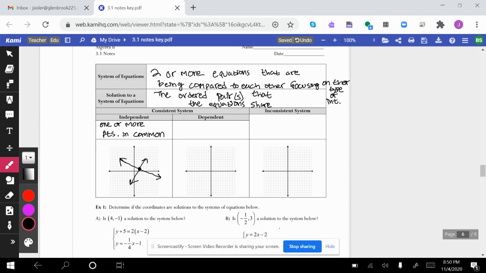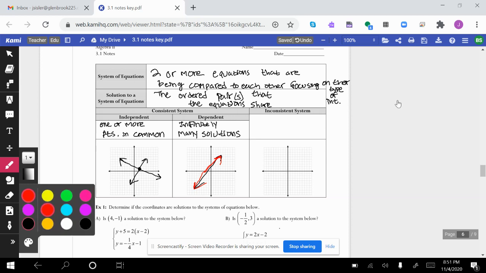Dependent would have infinitely many solutions because they're overlapping lines, right? So here's one line in black, here's one line in red. They're overlapping, so they share all of those points along the line.